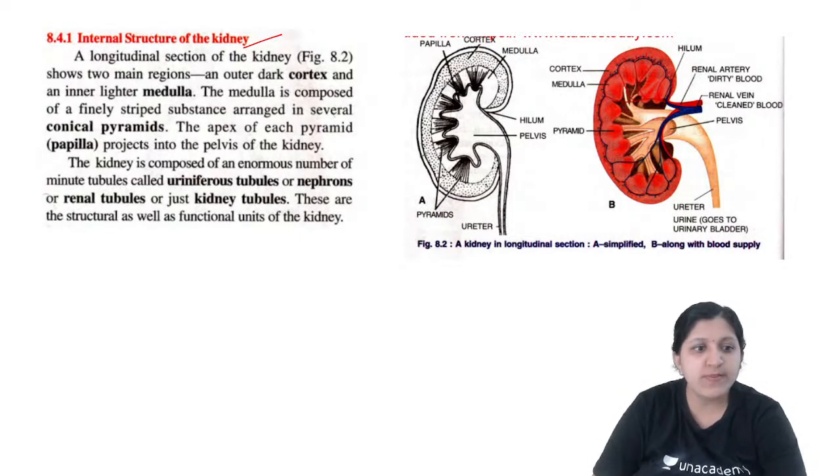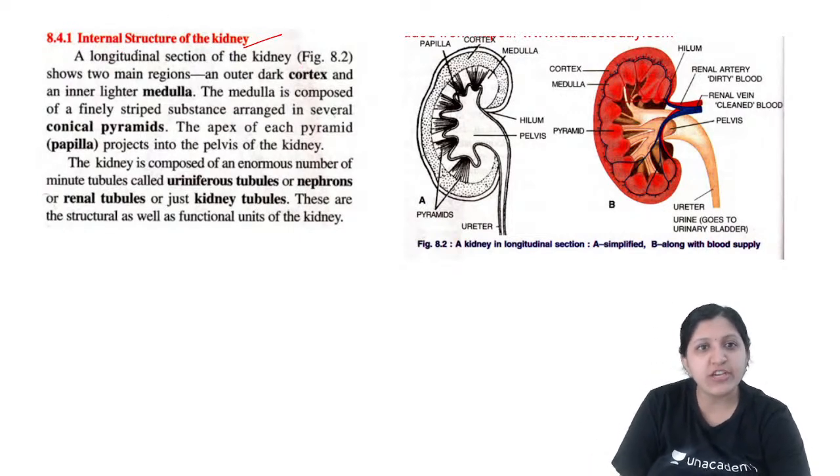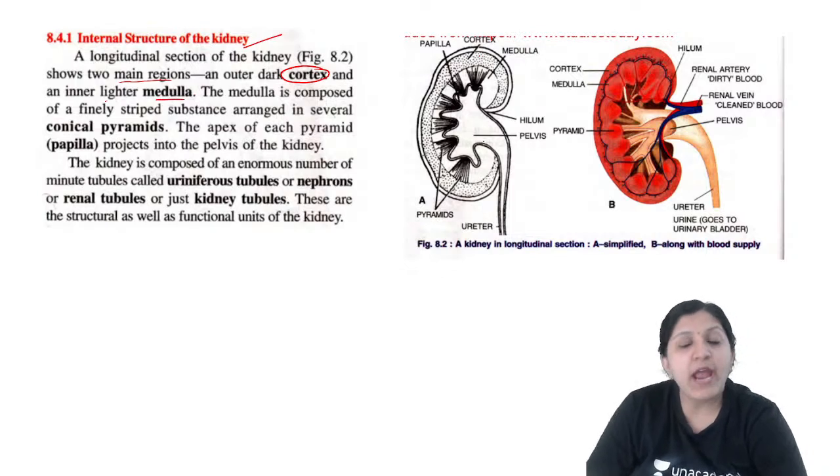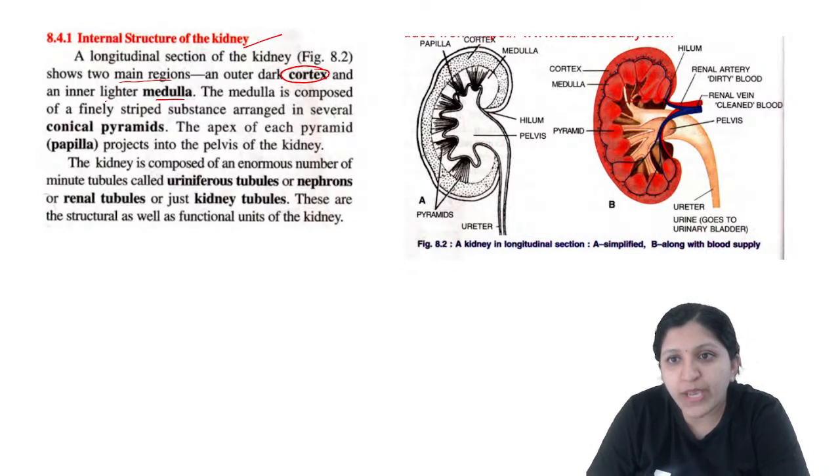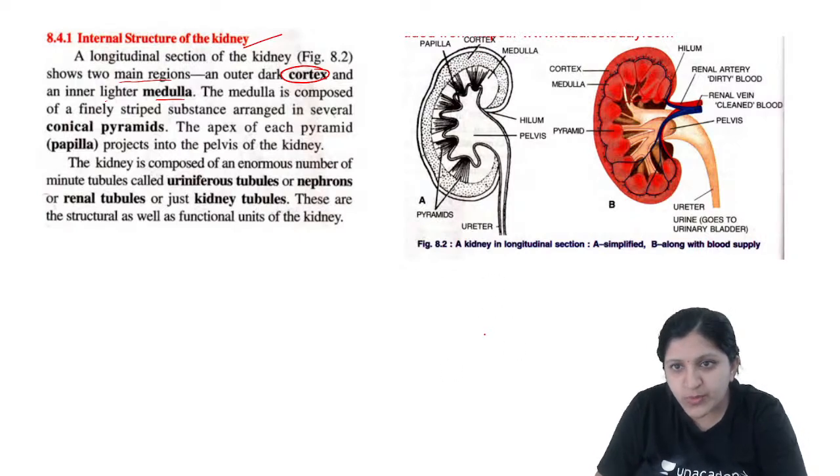It is a longitudinal section where you will find two main regions: the outer dark cortex region, and then the inner lighter medulla. When you are drawing a kidney, make sure that you draw the two coverings. Let's say you are drawing a kidney as such.